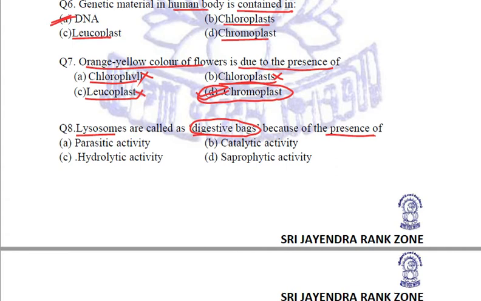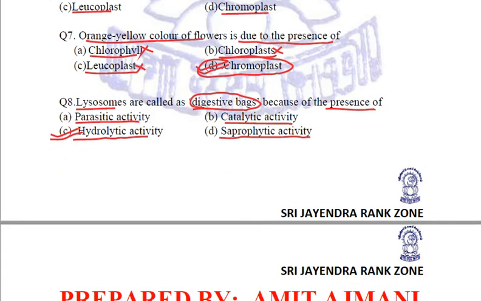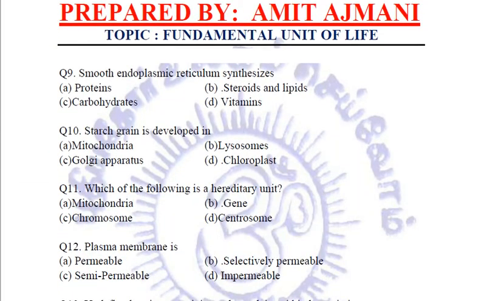Is it parasitic or catalytic or hydrolytic or saprophytic? The correct answer is hydrolytic activity. Lysosomes, they actually involve in hydrolytic activity, because of which they are called the digestive bags. Clear? Let us see the next question.